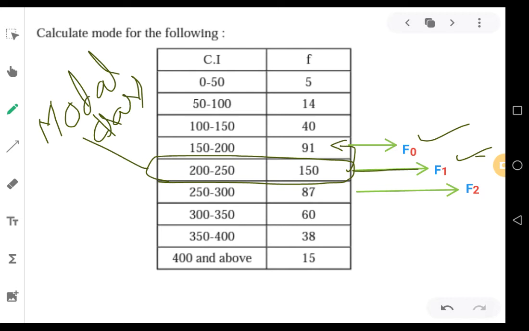Then the frequency that falls after the modal class, the frequency that comes next to the modal class in order, should be taken as F2.